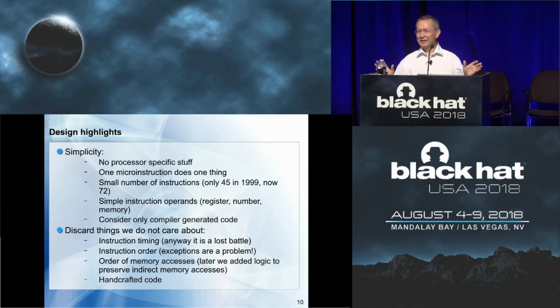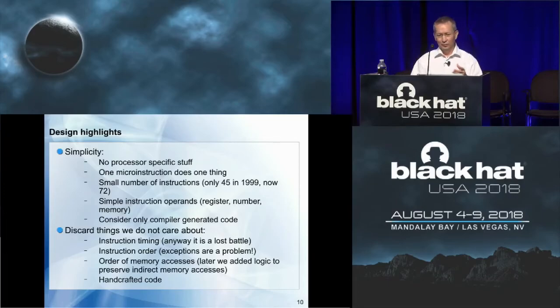At the beginning, we have no processor-specific stuff, one microinstruction does one thing, and there is a very limited number of instructions. There were only 45 in '99, but today we have 72 instruction opcodes. It's just because we had to support floating point arithmetic and other fancy things.